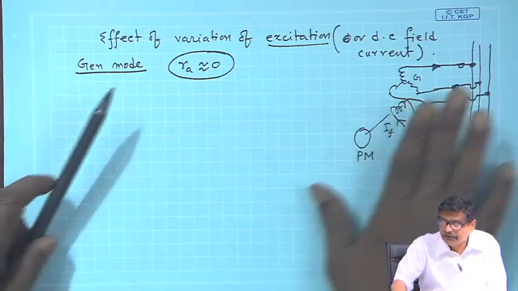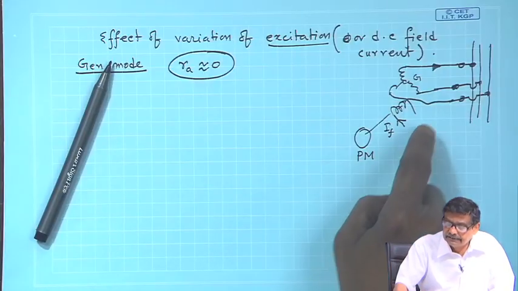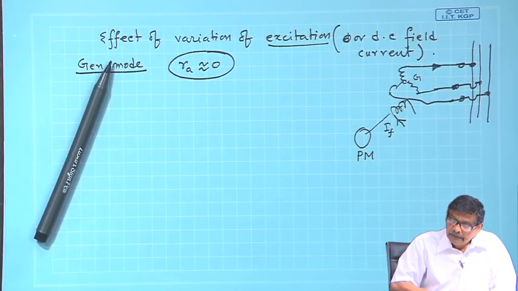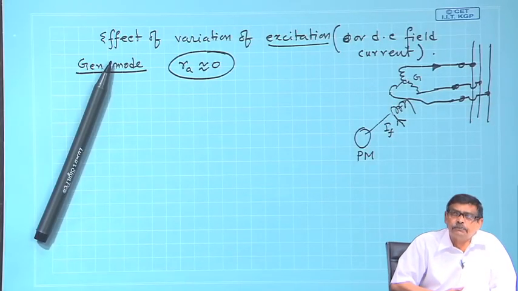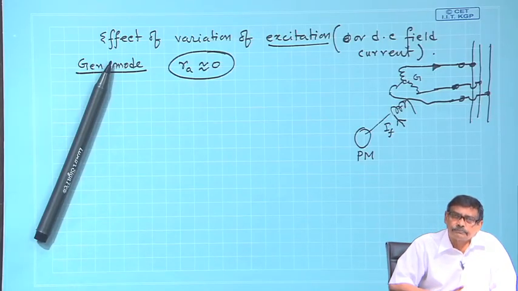See, after you have synchronized the machine, let me spend a few sentences. After you have synchronized, this synchronous machine is said to be floating on the bus. It is neither operating as a generator nor as a motor.